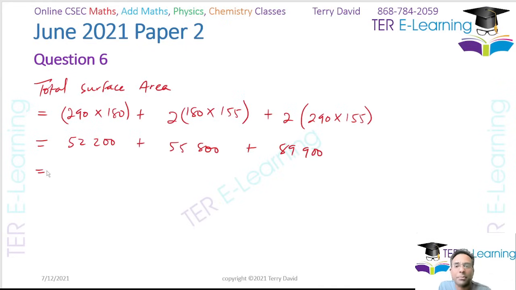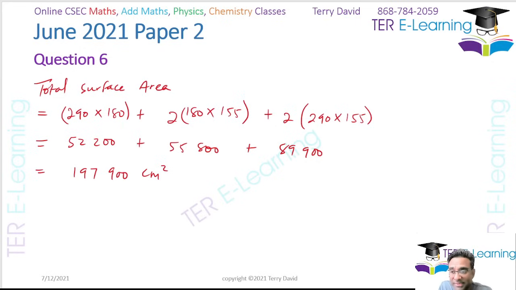Now we're just going to add up all these surfaces: 52,200 plus 55,800 plus 89,900. What I'm going to get here is 197,900 centimeters squared. That's my total surface area on the inside.